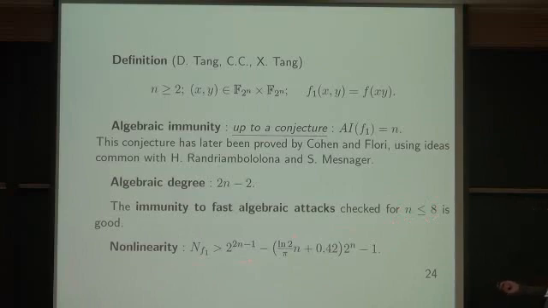And for the nonlinearity, we have the same situation as for the Carlet function. The nonlinearity is good, but all that we can prove is a lower bound which doesn't say it's good. So we have the same kind of gap. There seem to be many functions for which what we can prove mathematically on the nonlinearity is far from what can be computed with the computer.